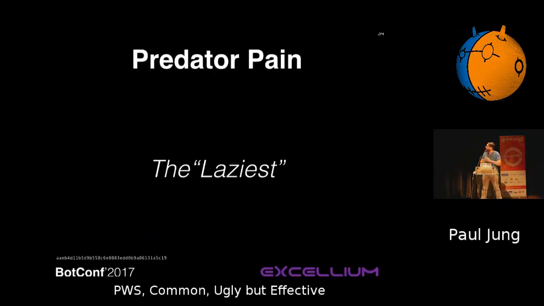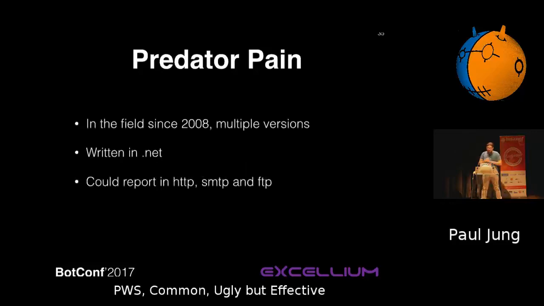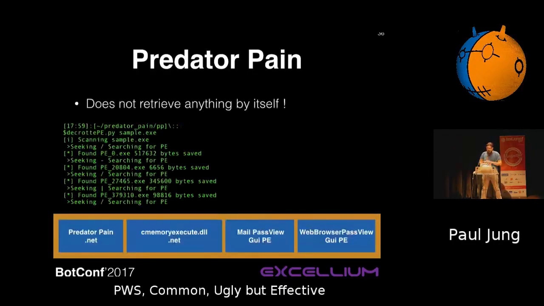So let's see Predator Pain, also an old one, really old. Predator Pain could use SMTP, FTP, and HTTP. Well, SMTP and FTP, as said before, have no chance to work in a real environment, in a firm. What is funny about Predator Pain is that when you unpack it and look inside, you find a couple of executables concatenated.